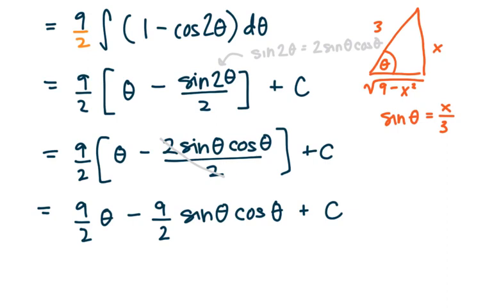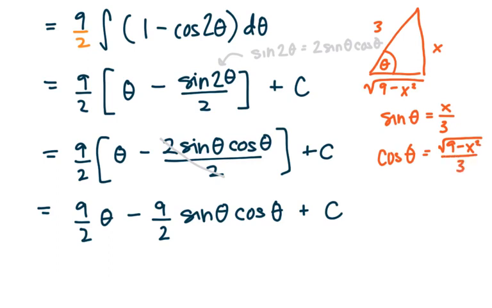So you'll notice I have sine theta, and I know what sine theta is. It's going to be x over 3. Cosine theta, in regard to my reference triangle, is adjacent over the hypotenuse. So cosine theta is the square root of 9 minus x squared over the hypotenuse 3.